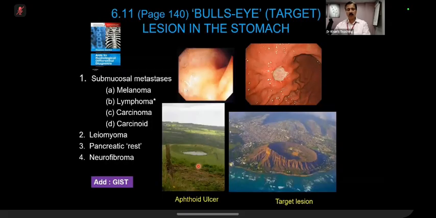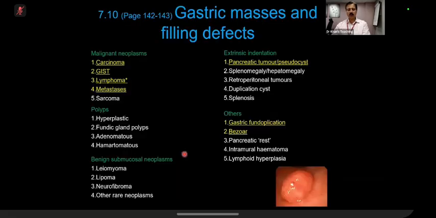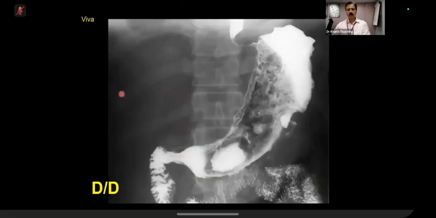And the most common target lesion differential is actually metastasis, but there are others here also. And this is a case of GIST where you can see a target lesion. This is a very good example. Over to candidate 5.